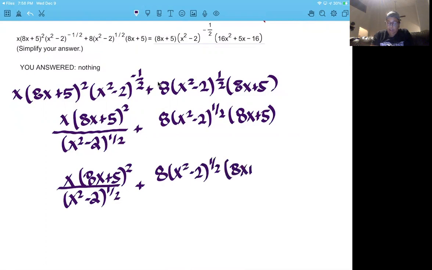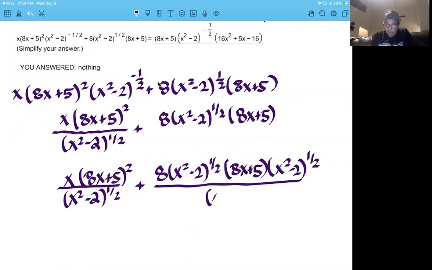So I'm going to multiply the top by the same thing. Now notice I have an (x squared minus 2) to the 1/2, and I have another (x squared minus 2) to the 1/2. If I multiply those two together, it's the same thing as adding the exponents, which just gives me 1. Or remember that (x squared minus 2) to the 1/2 is the same thing as the square root of x squared minus 2. If I have two of those square roots, I'm just going to get what's underneath the square root.